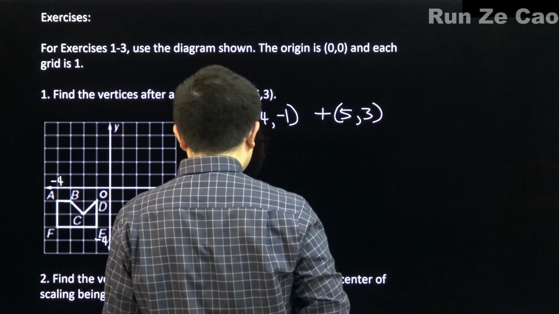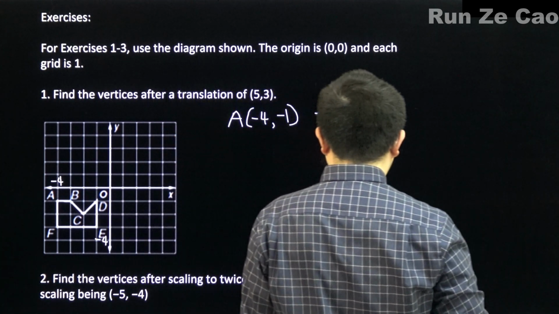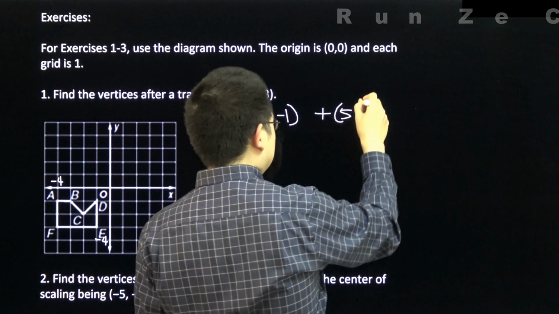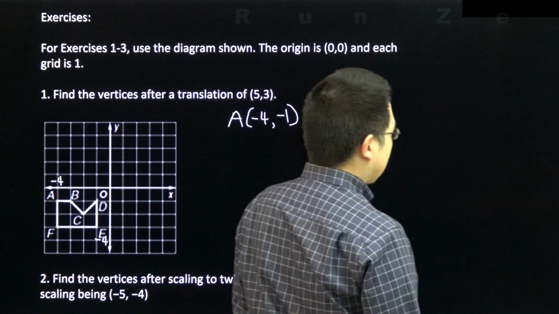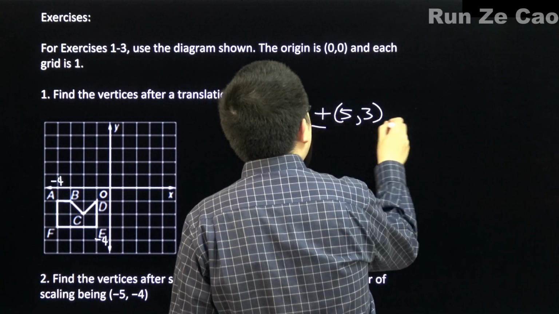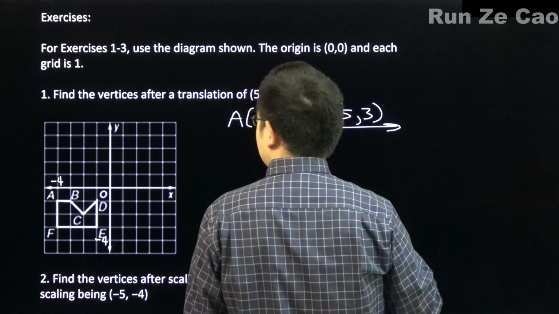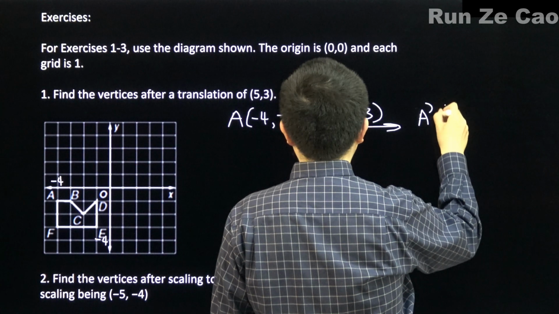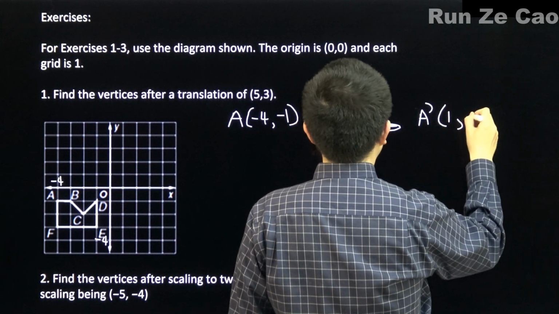Now this isn't actually the sort of notation you'll be using when you actually use vectors. You're going to be using square brackets to represent the change. But this is basically what we're thinking, okay? So we end up with A prime, which is 1, 2.